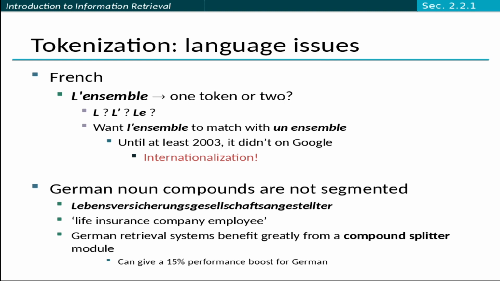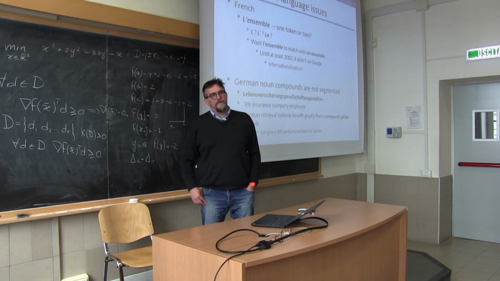Now you can consider it again as a single token, but if you allow to split this single token using a compound splitter, you can improve the performance by 15%. Okay? Yeah. When we say improving the performance here, what performance are we getting?